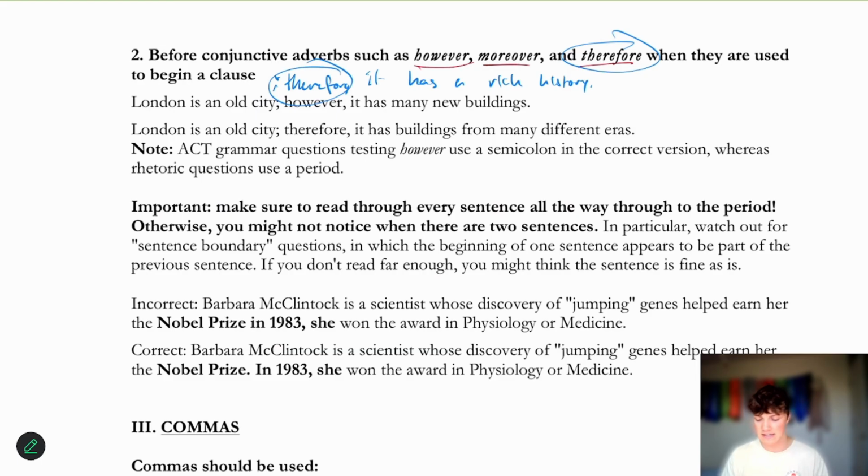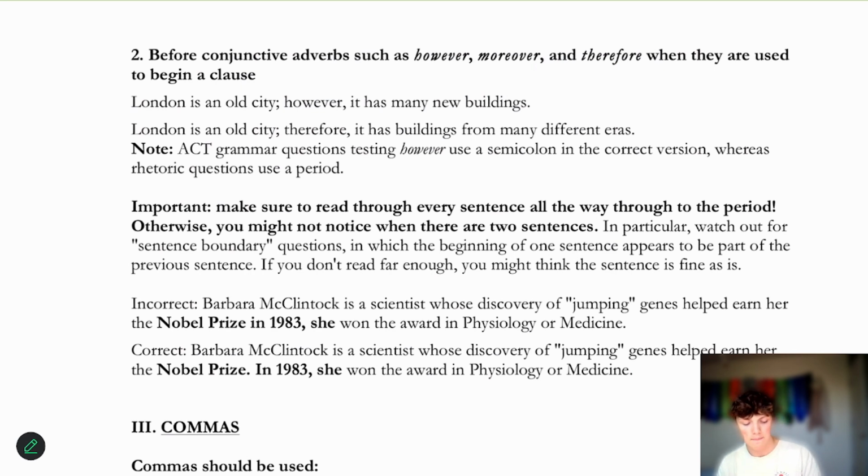This same kind of idea shows up a lot with ACT questions, where students need to pick the correct word that describes the relationship between two independent clauses or phrases. It shows up a lot, and students get it wrong a lot. So be very careful about understanding how each of these words is used. However is used for contradiction. Moreover is used when you say one thing and then you say another thing that adds on to that first thing.